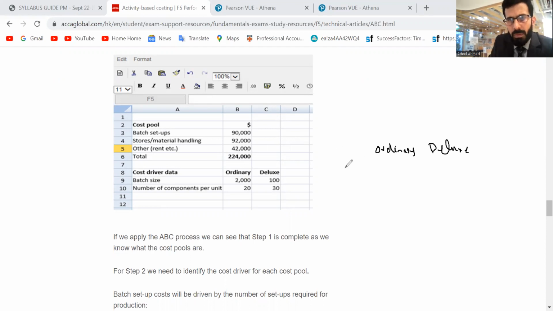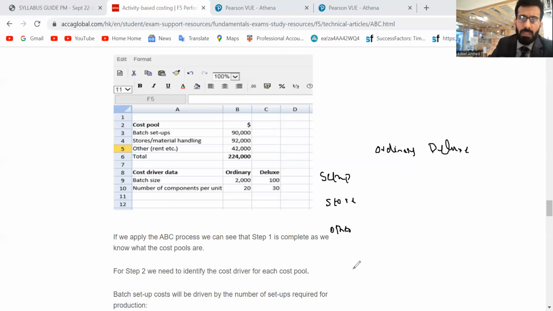So the overhead absorption rates have already been calculated. Using those, I will specifically calculate the total amount of overheads related to setup, store, and other for each product. I will just do one working, and then you can relate it to the others as well.